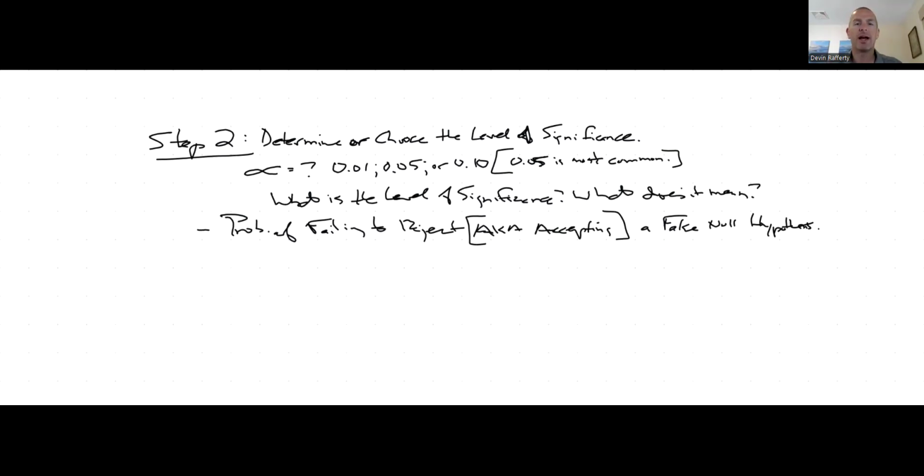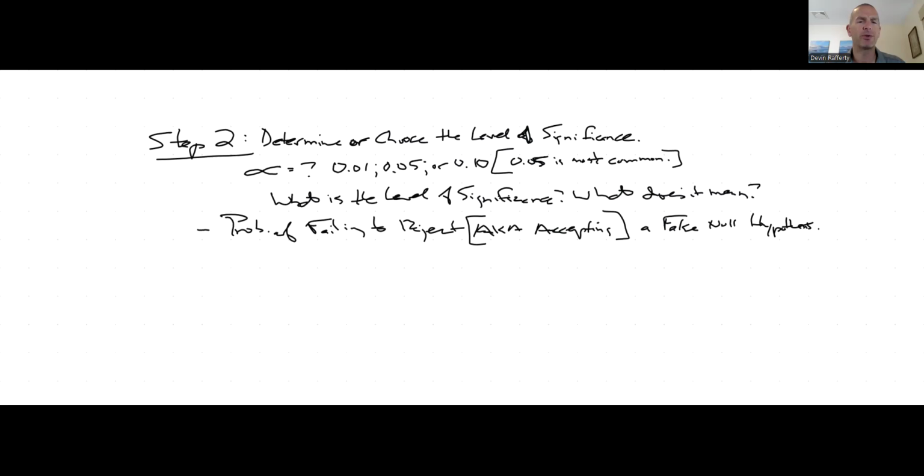In other words, the hypothesis that the person is putting forward, I didn't do it, is false. They did it. So they're putting forward this false narrative, this false hypothesis, and you go and accept it.